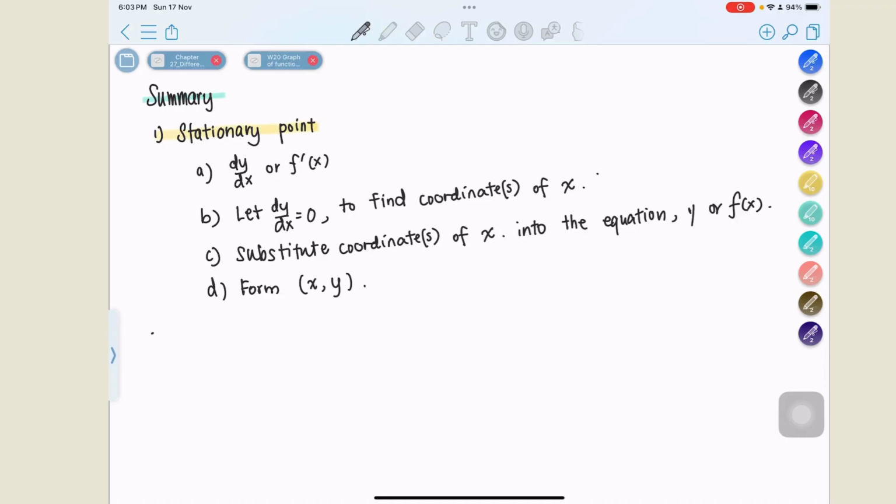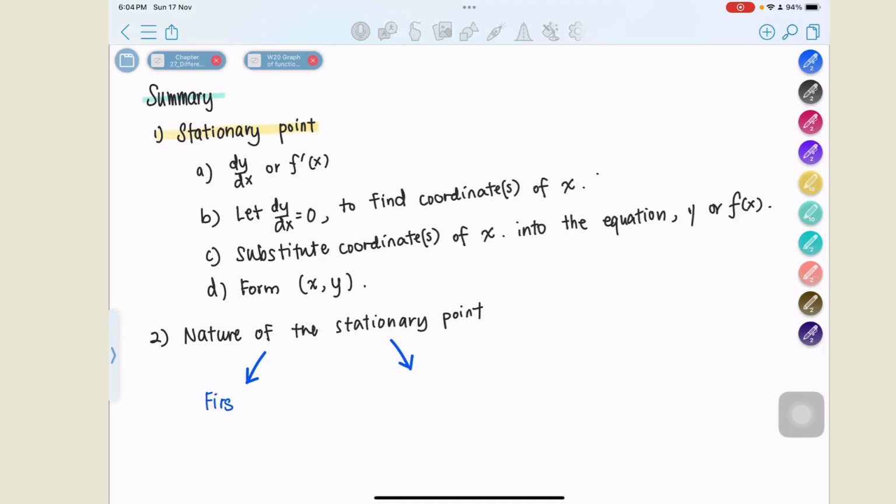Second thing, when we want to find the nature of the stationary point, there are 2 methods of working out. Please refer to the first and second example. The first method we call the first derivative test.